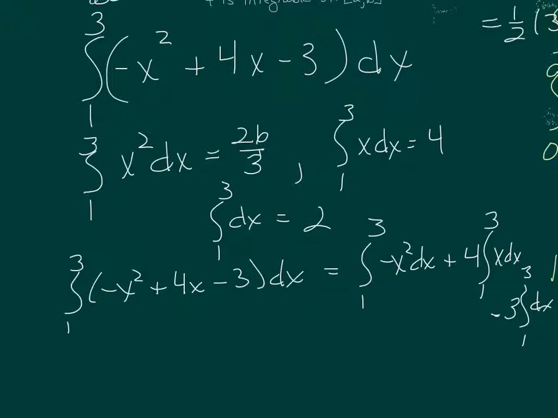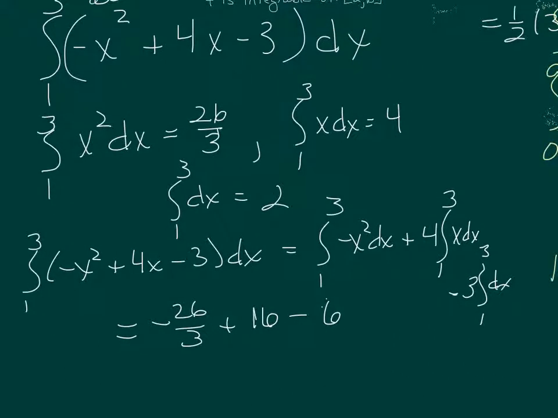What did we say x squared was from 1 to 3? Okay, and this negative makes it a negative 26/3, plus 4 times 4, minus 3 times 2. So minus 6.